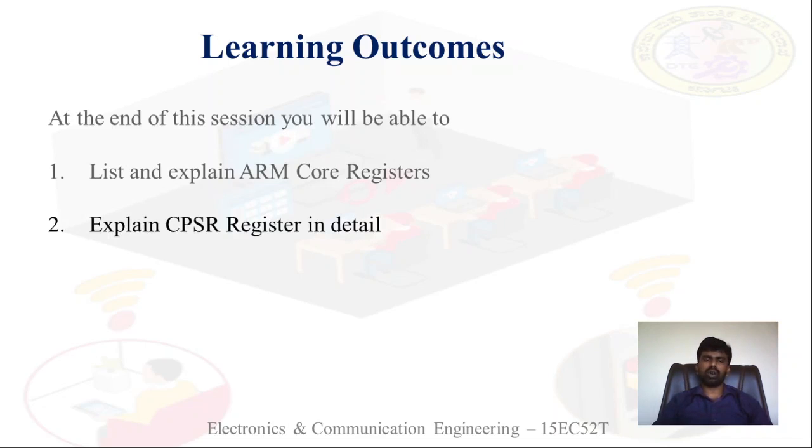Then, the second outcome is you will be able to explain the CPSR register in detail. CPSR details means bit structure and what are the different fields present in the CPSR, and how to set those fields to enter a particular mode. All these things you have to study. So these two are the learning outcomes of this session.